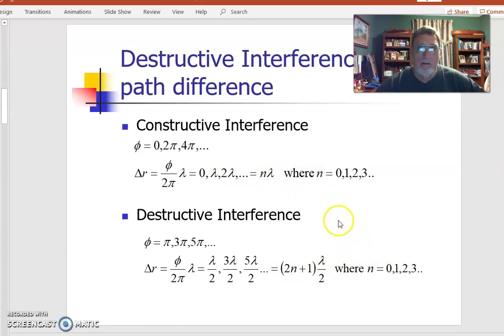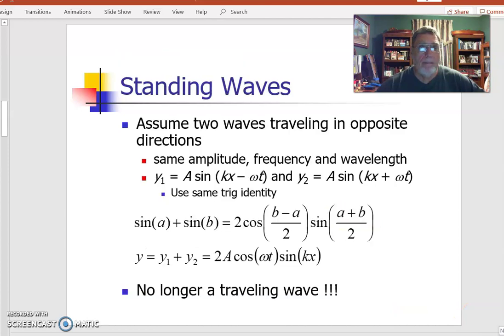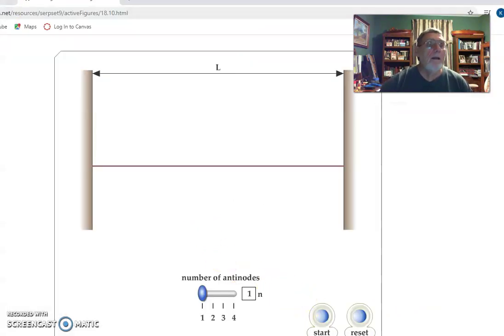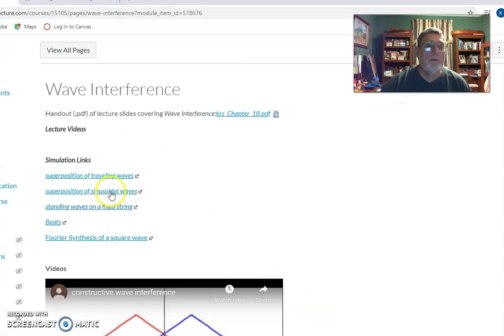And again, you can think about the simulations that we ran earlier. Okay, let's go back over to here and pull out one of those simulations again.